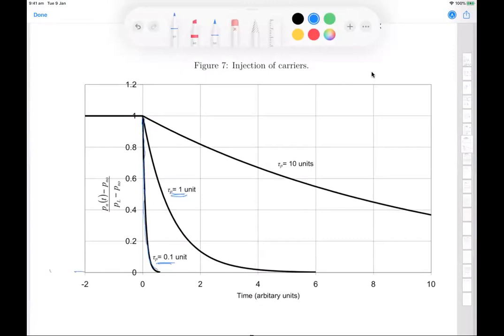So this must be our equilibrium value here. So the difference between equilibrium value and the excess value will eventually go to 0 at this point. If the minority carrier lifetime is longer, then it takes longer for the carriers to come back to equilibrium value.